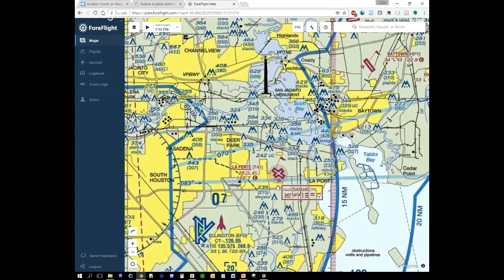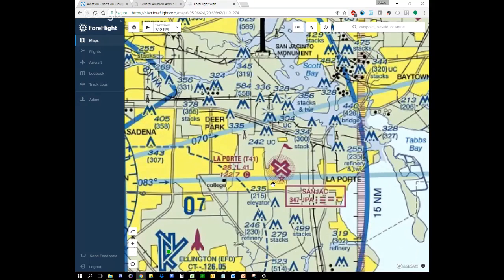ADF is the instrument in the cockpit. The navigational aid is called a non-directional beacon, or an NDB. And they are little purple, fuzzy, circular things, like I'm pointing out right there with the mouse. Is that easy for you guys to see, the purple, fuzzy, circular, spherical?